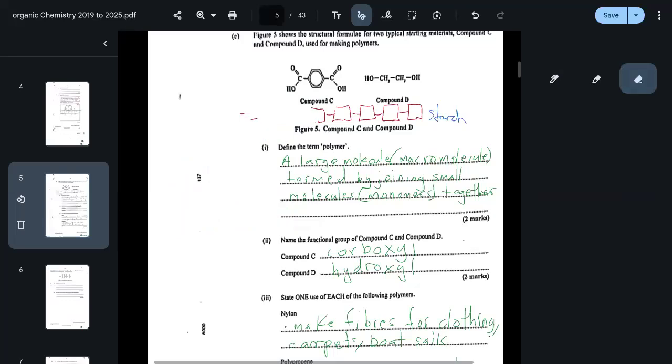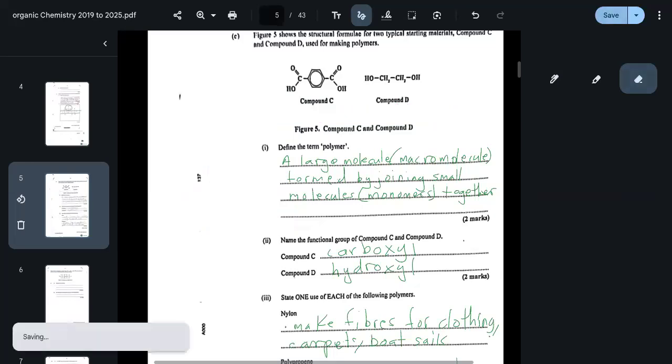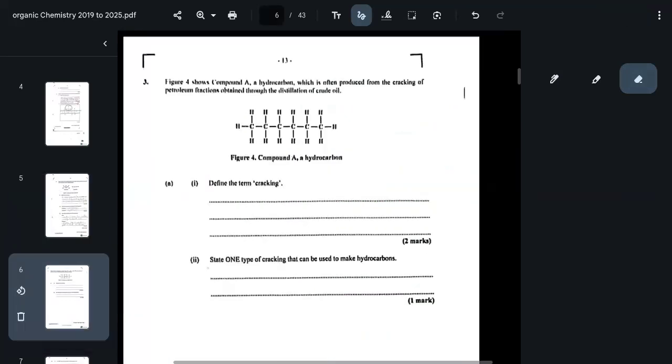All right, so let me just clear this out of the way. Click save. All right, next question. Define the term cracking. Figure 4 shows compound A, a hydrocarbon, which is often produced from the cracking of petroleum fractions obtained through distillation of crude oil.